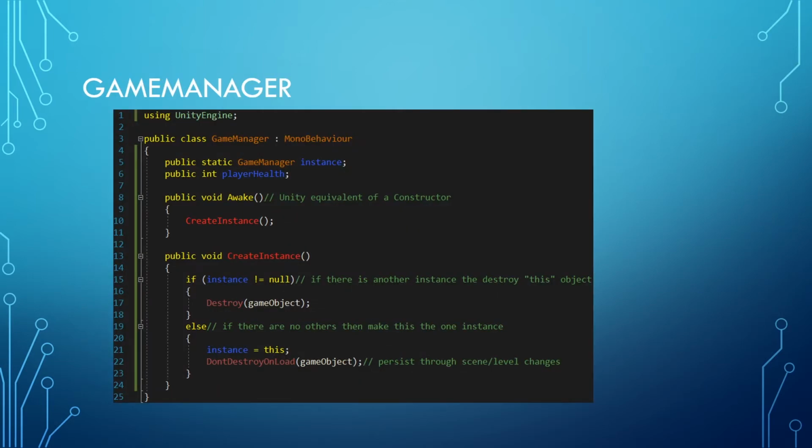My example today, and where I feel singletons are the easiest to justify, is with game development. And today I'll show you one of the more common uses of a singleton in game development, and that is the GameManager object. The GameManager is generally an object in your game that is used to manage certain systems, and it's used when you need those systems to persist at all times from one level to the next or through different scenes.